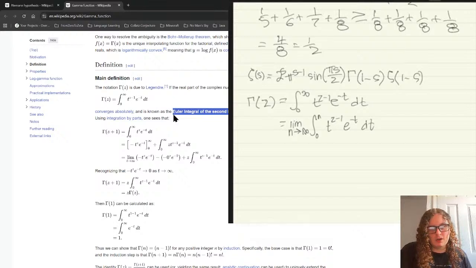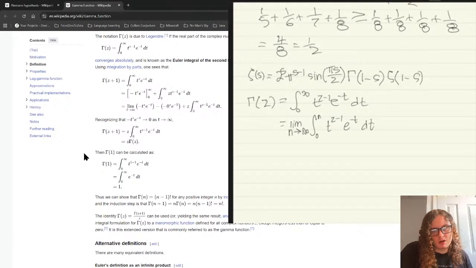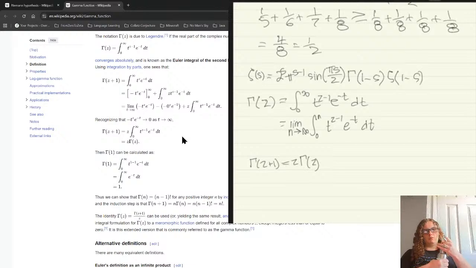Oh, okay, this is useful. So we also have that gamma of z plus 1 equals z gamma z, and that appears to work for all complex z.